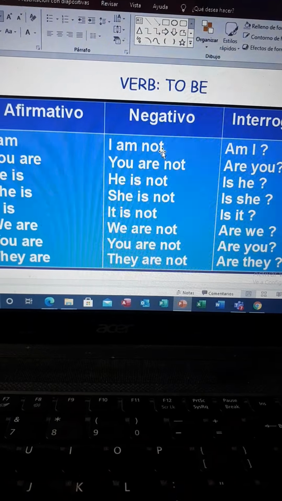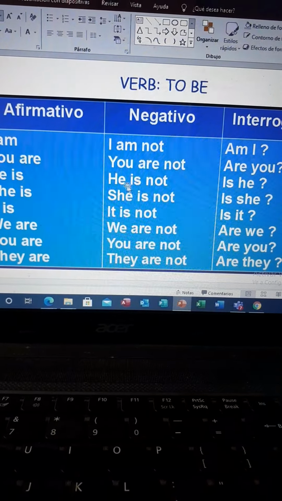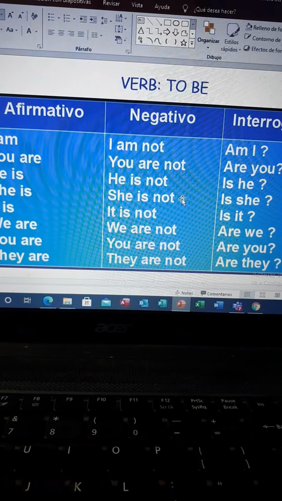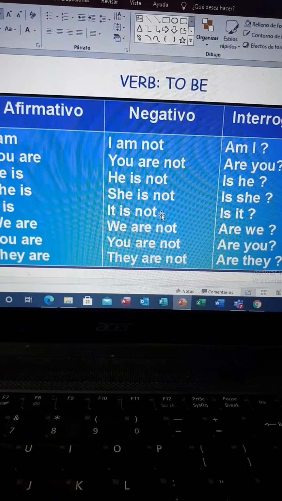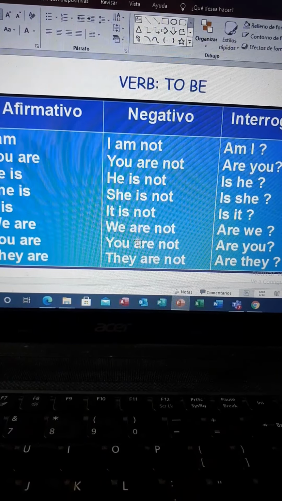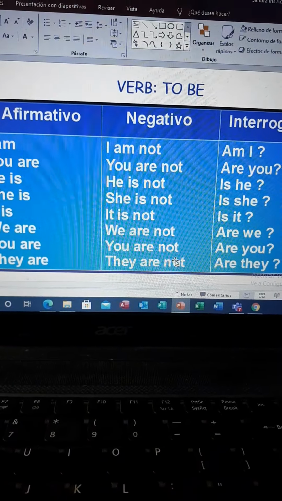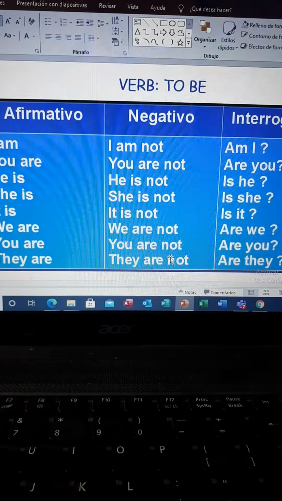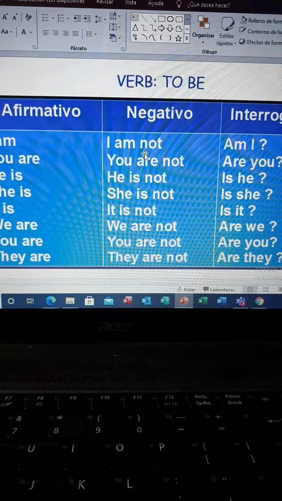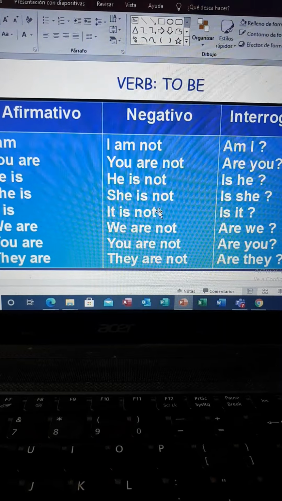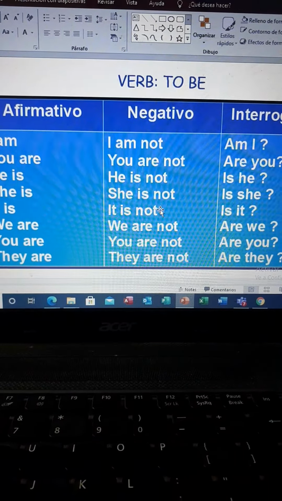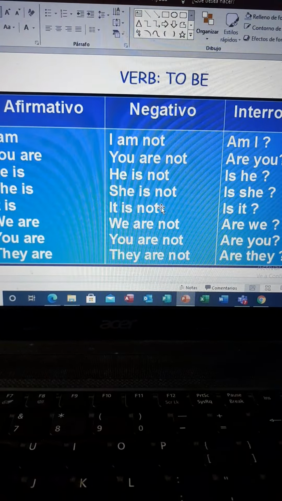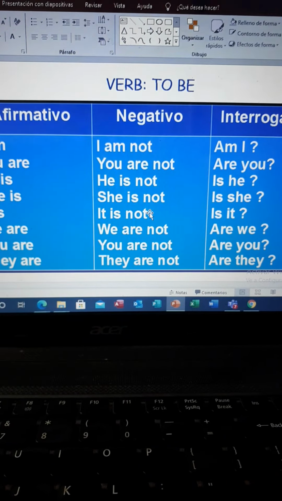I am not, you are not, he is not, she is not, or it is not, okay? We are not, you are not, they are not, okay? So it's very important that you remember that the negative goes after the auxiliary, okay? Also, we can use a contract form, okay? That we're going to review in a few minutes, okay?